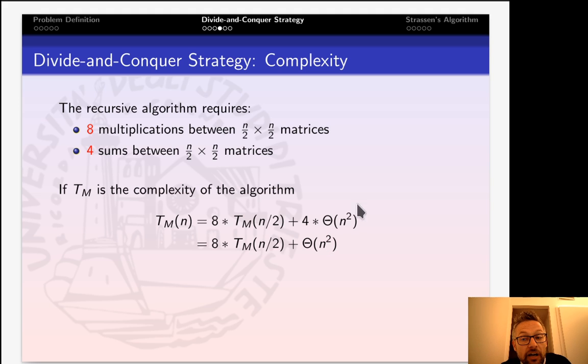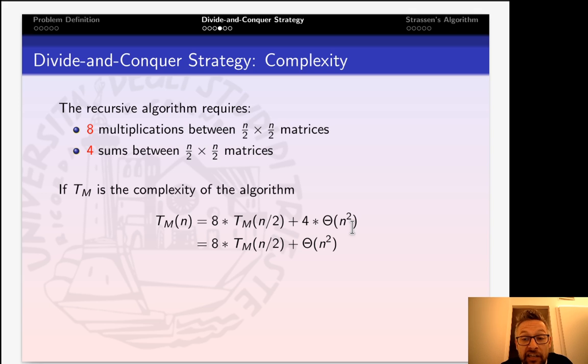Please notice that here I'm basically using theta of a function just like it was a number, but actually it is a set. But I think you can figure out what's going on here. By using this notation, I'm basically saying I want to take theta of 4 times n squared. From a formal point of view this is not really correct, but you know what I'm talking about.